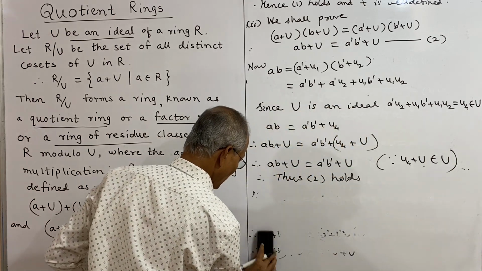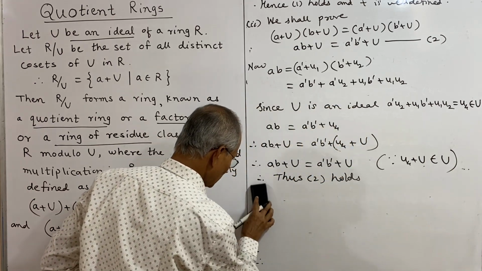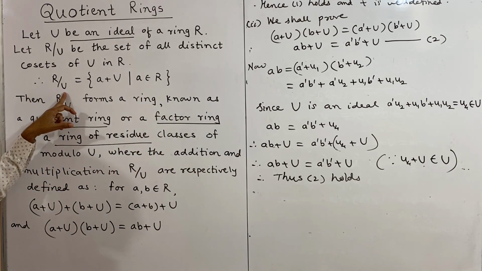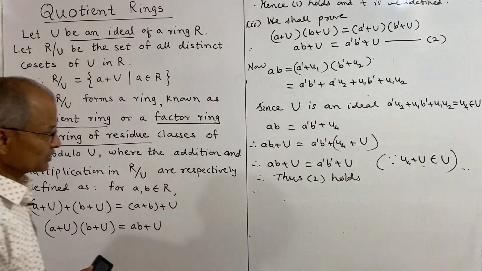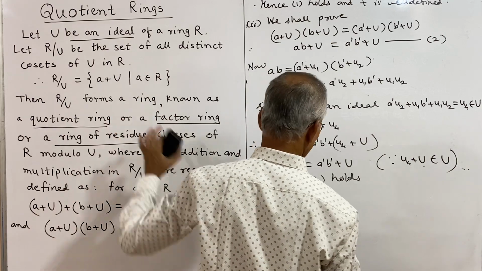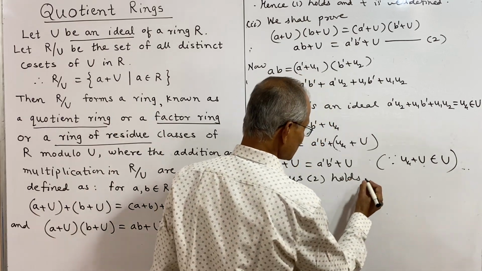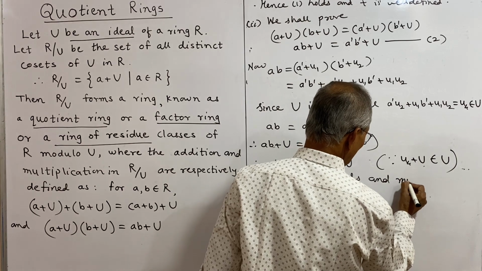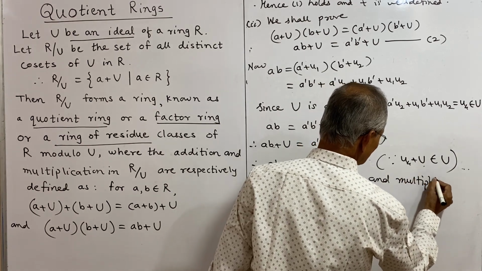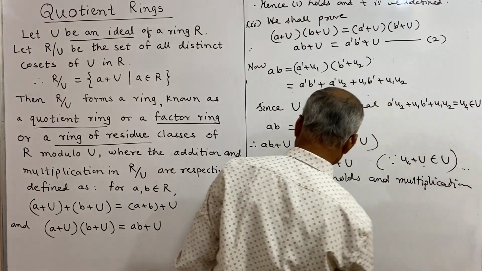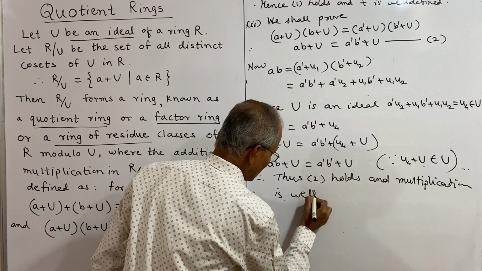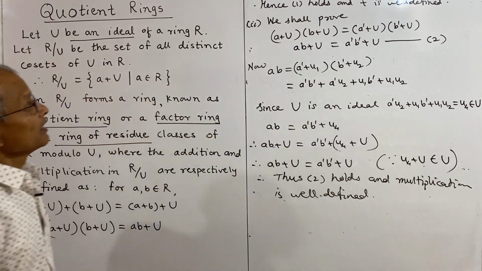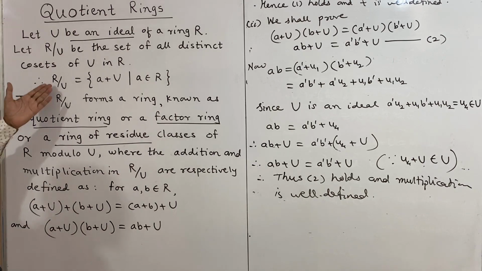Thus we have defined the operation of addition and multiplication in this set R by U, and with the help of these operations we shall now prove it is a ring. Thus both are well defined, addition and multiplication. Next is to show this is a ring.